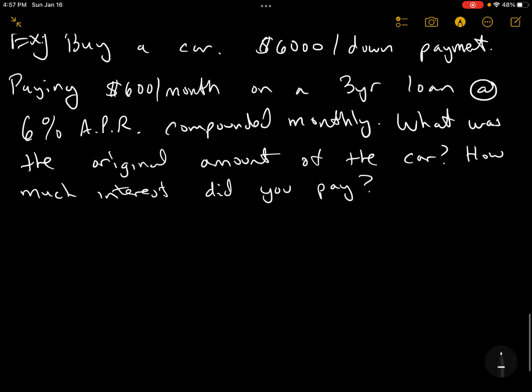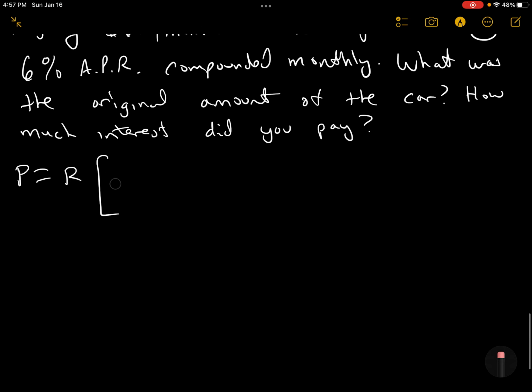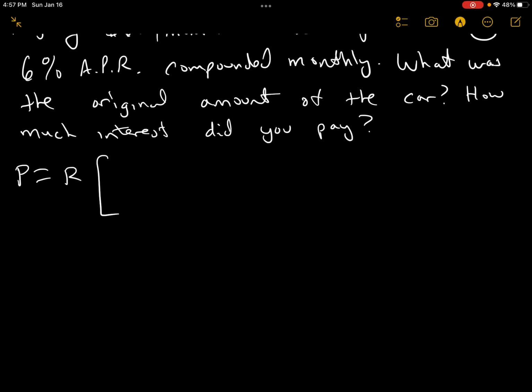Okay, so we're computing present value here. So P is going to be R times, get the right formula here, (1 - (1 + i)^(-n)) over i.